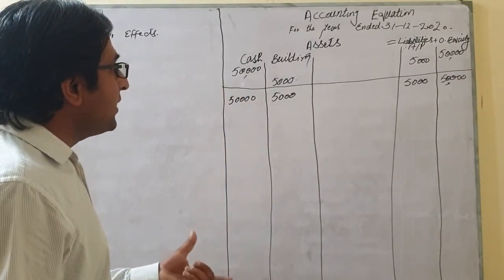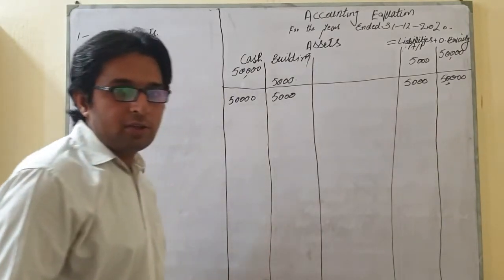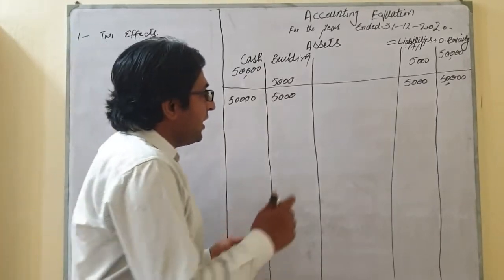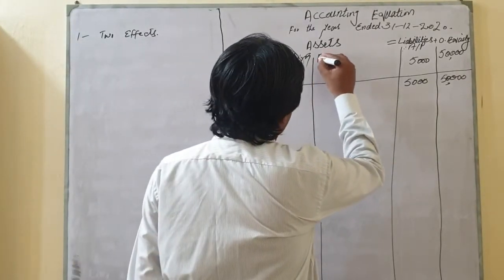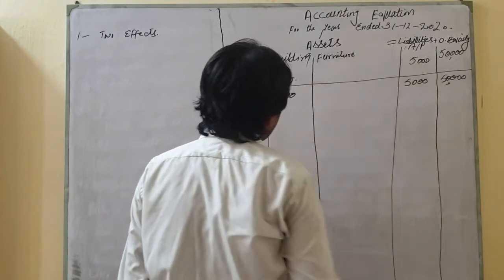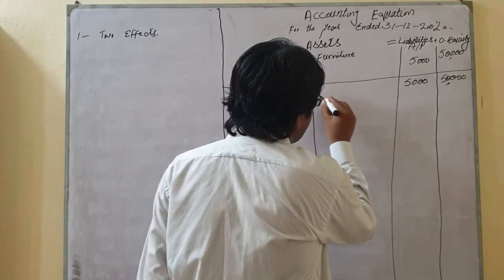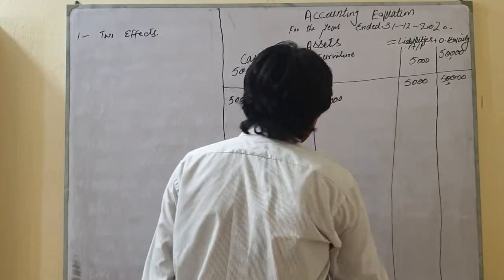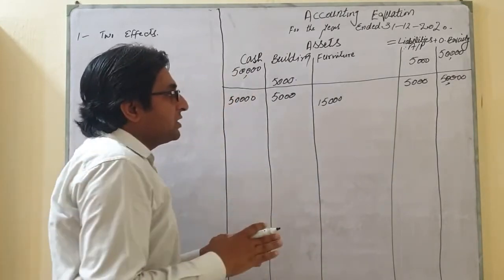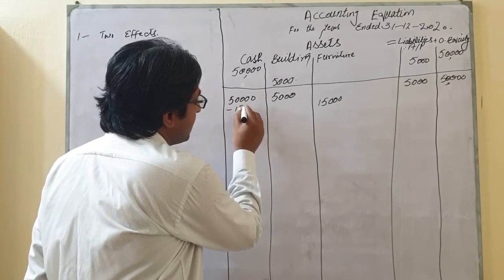Now we take another example. Let's suppose we have purchased furniture. So furniture is our asset. Asset will increase. First we will draw the column of furniture. We have purchased this furniture for $15,000. So if we have purchased on cash, then our cash will decrease.